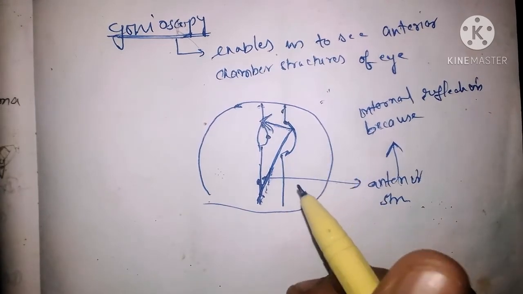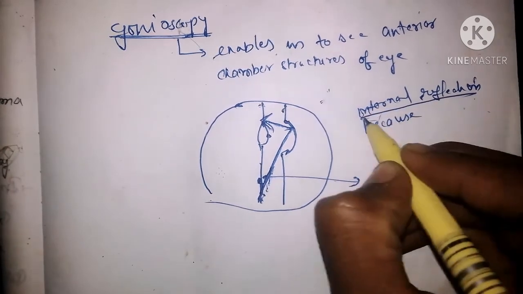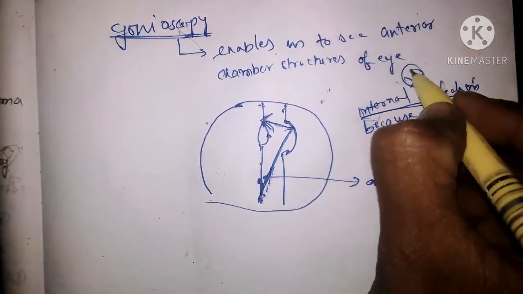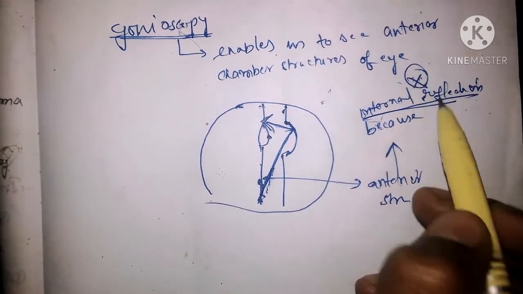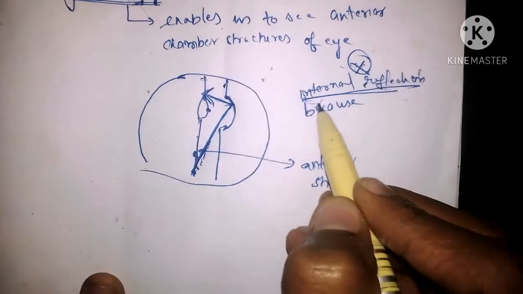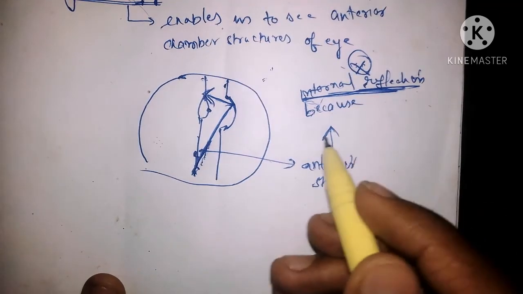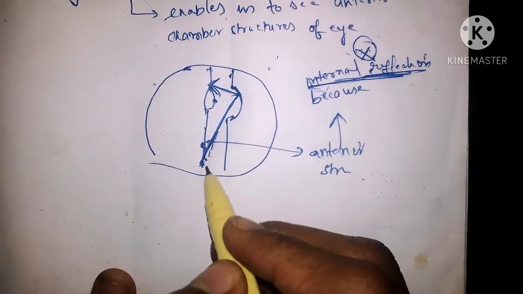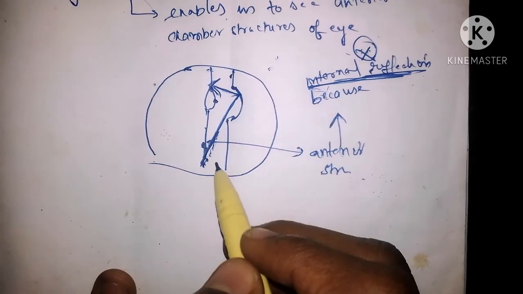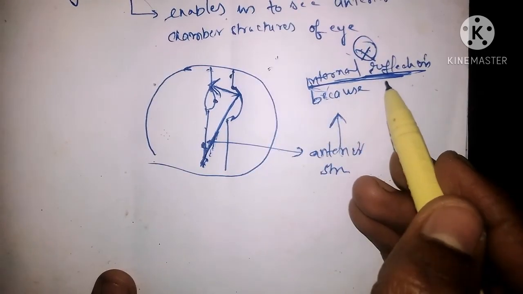If we want to see these structures, this internal reflection should not happen. How can we avoid this internal reflection? In order to see anterior chamber structures, we have to avoid this internal reflection.